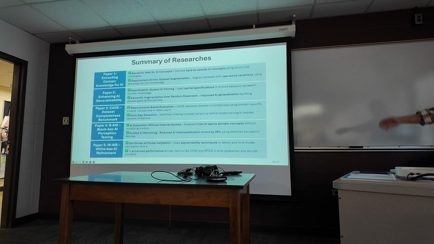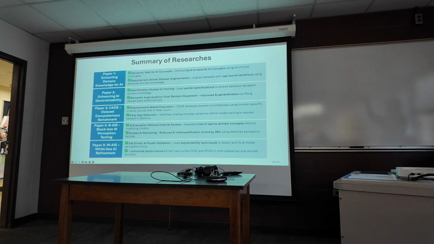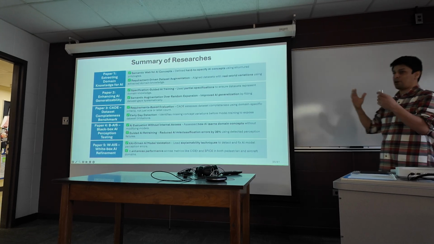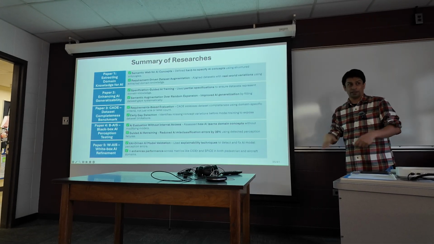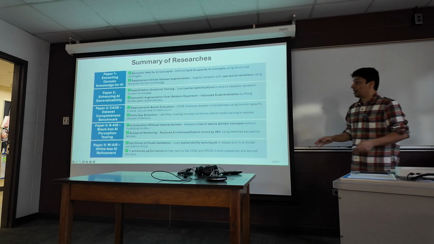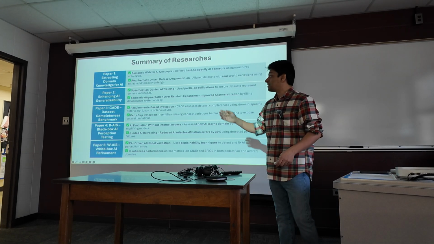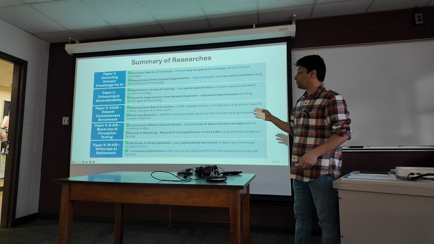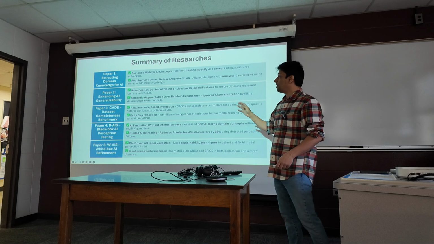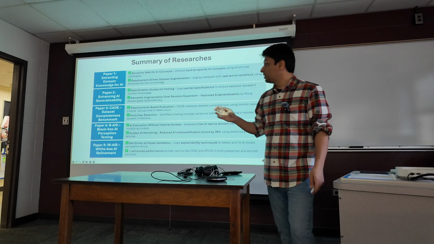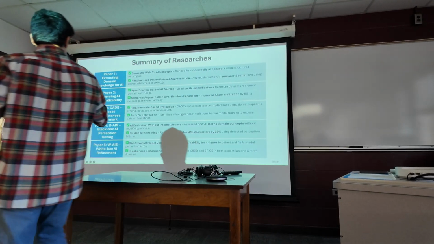So here, in this slide, I'm going to provide a summary of what I've done so far in all of these components. In paper one, we extracted domain knowledge for AI, so we built a semantic web for AI concepts.